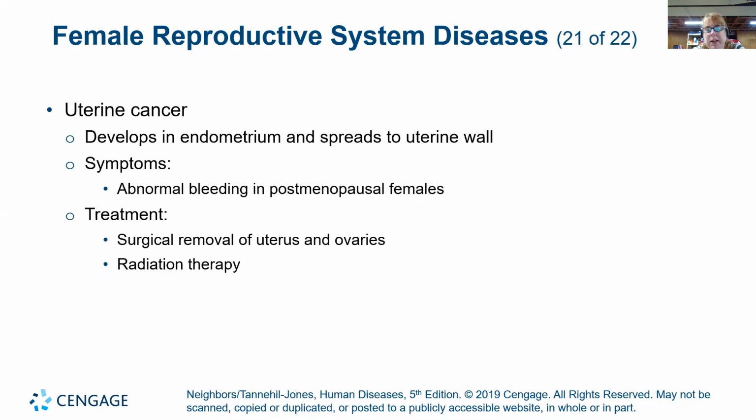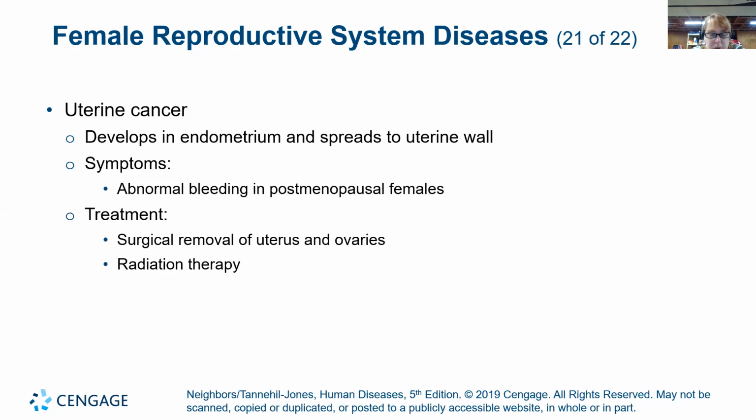So uterine cancer is different than cervical cancer. Okay. The cervix is a thick muscle that has a very narrow opening at the top of the vagina into the uterus. Okay. The uterine cancer is only in the uterus. Okay. It usually develops in the endometrium and spreads into the uterine wall.